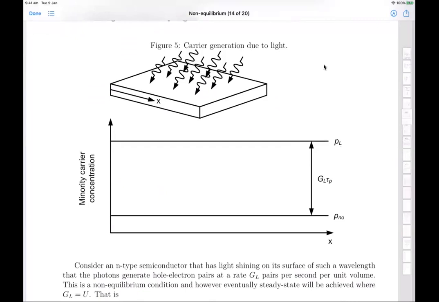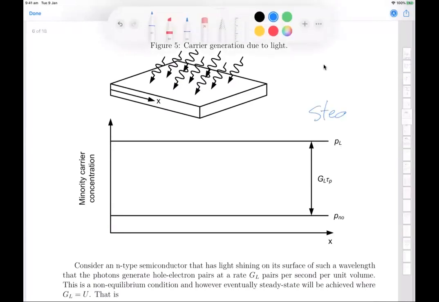So after some time, when things settle down to steady state, meaning things don't change with time, we still have an external influence, but that's how it is different from equilibrium. Our external influence is, in this case, light, and in steady state, things will reach a point where they don't change with time. And so the population of the minority carriers, in this case the holes, will reach a new level.